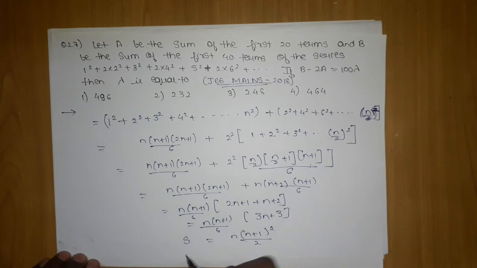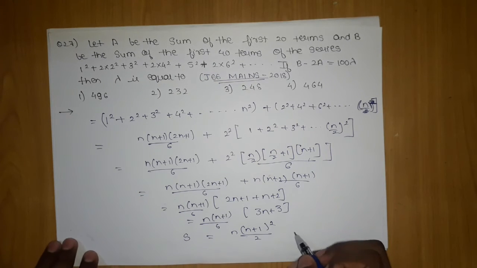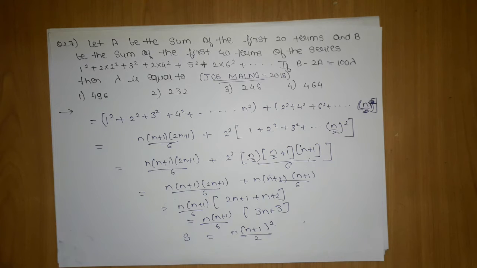Now we want the sum of the first 40 terms. A is the sum of the first 20 terms and B is the sum of 40 terms.